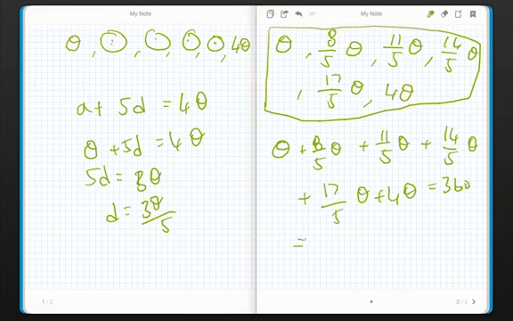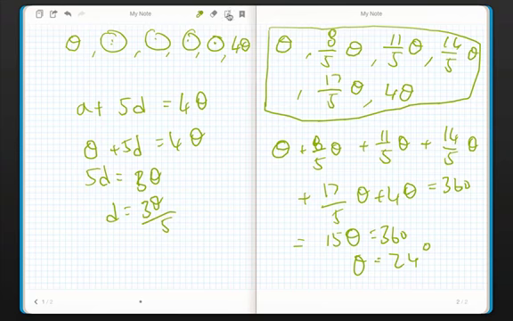If we add all this up, 1 plus 8 by 5 plus 11 by 5 plus 14 by 5 plus 17 by 5 plus 4 is equal to 15. So 15 theta is equal to 360, and theta is equal to 360 divided by 15, which is 24.